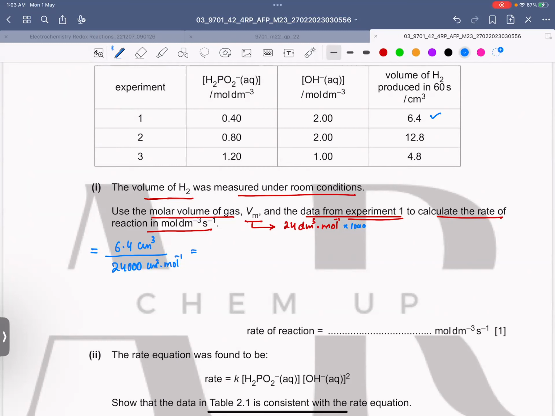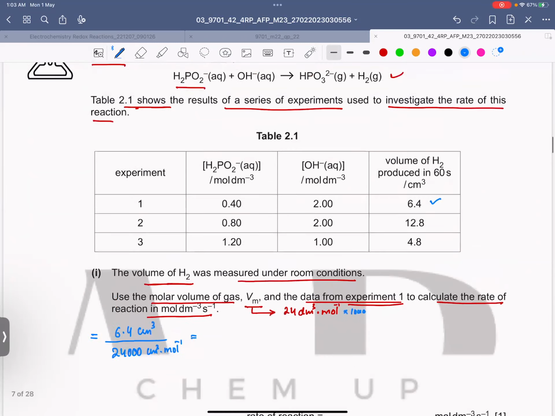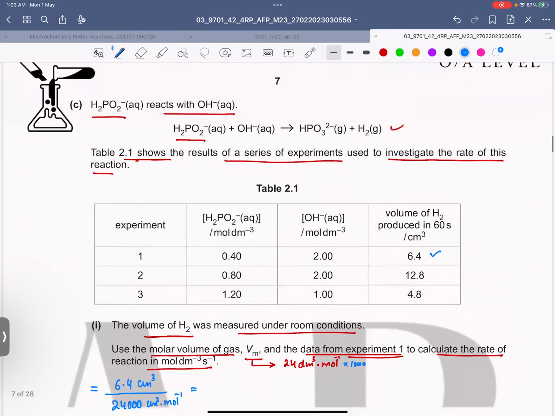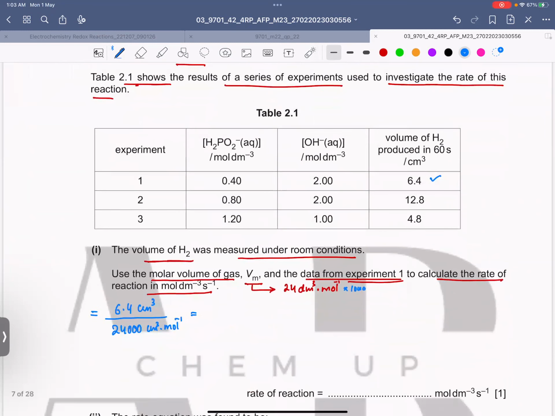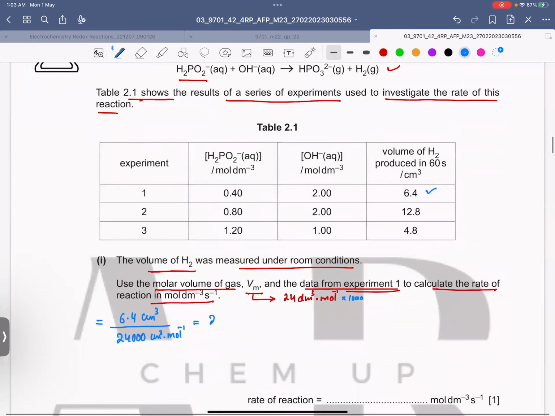Can anybody solve and tell me the answer? Yes, 2.67 exponent minus 4.